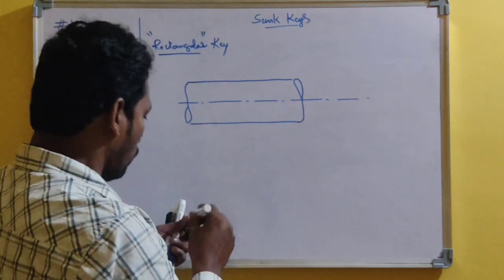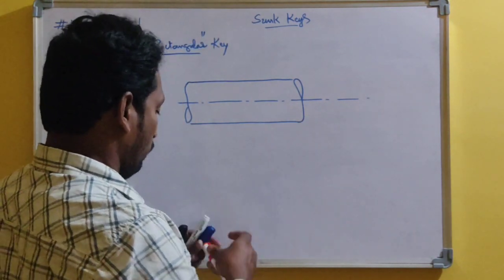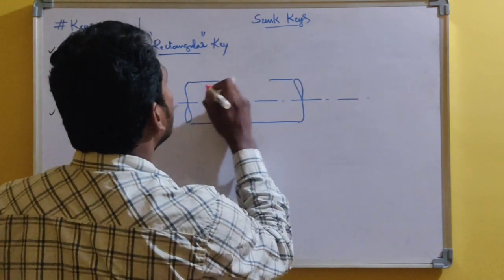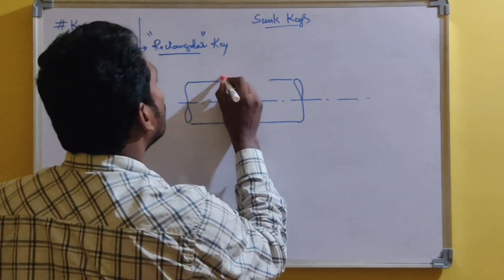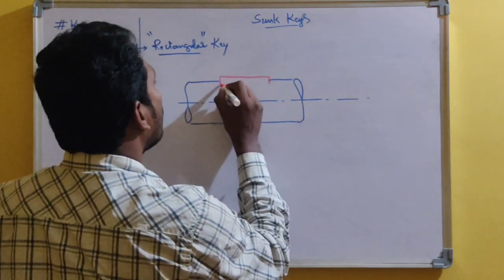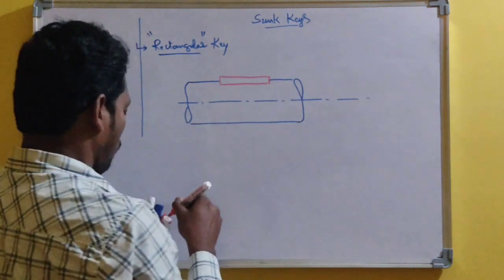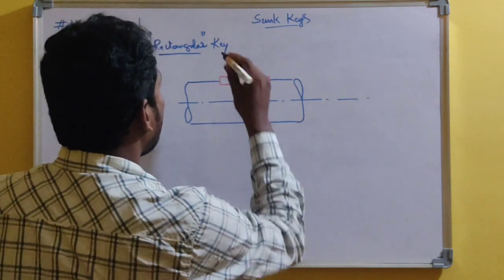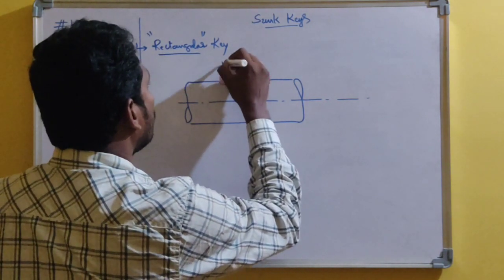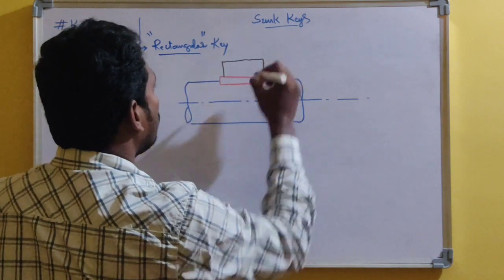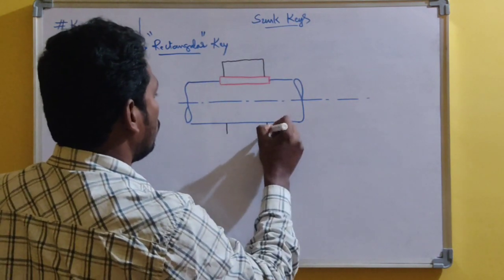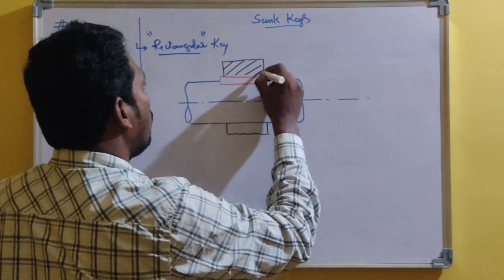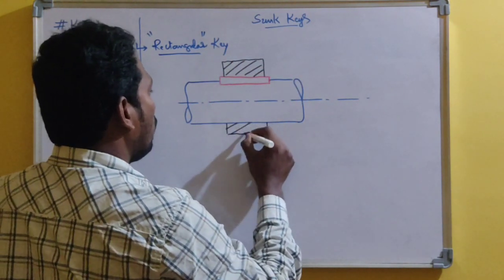This is the solid shaft. Here it has a key. Here this one is the hub or boss.